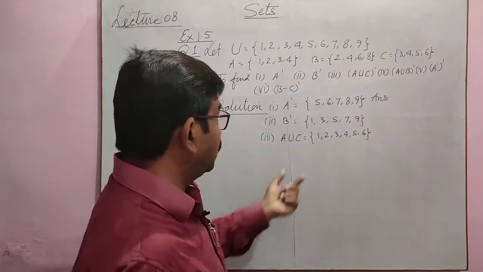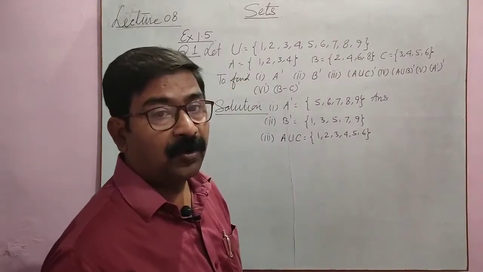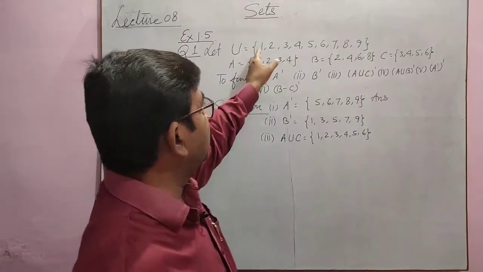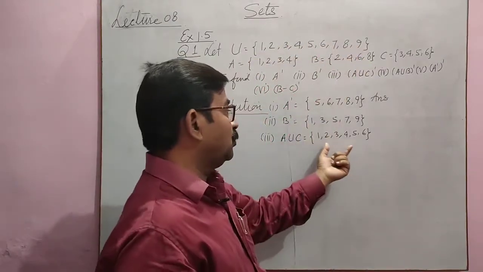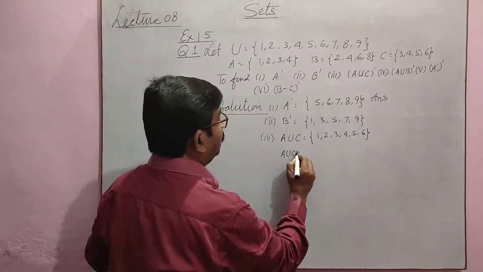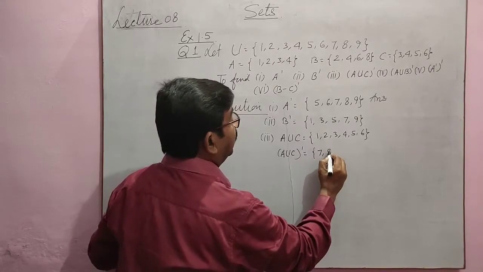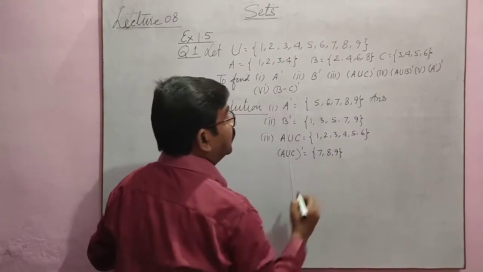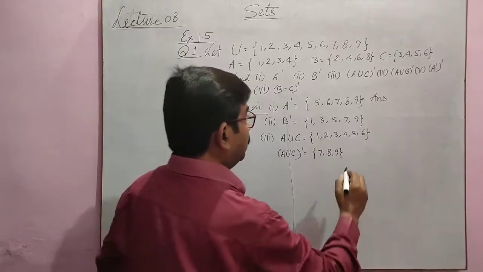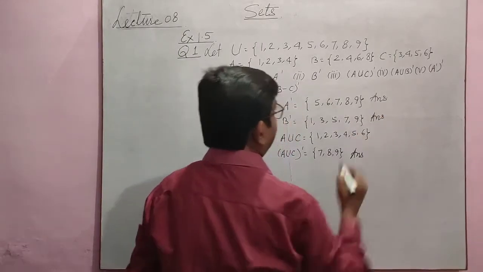Now we are going to find the complement of this A union C. So all these elements will be removed from the universal set. The universal set is from 1 to 9, so 1 to 6 will be removed. So the complement of A union C is 7, 8, 9. These elements are left. So this would be the answer of this question.